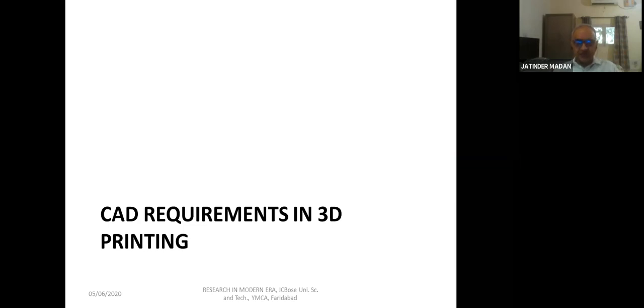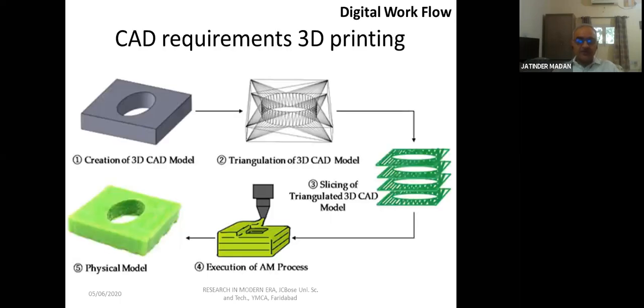Okay, so here you have the CAD requirement in 3D printing, because we said that you send the CAD model and the printer will print. But what actually happens with the CAD model is very interesting to know. Here you see a small, very simple part which has a cuboid shape, and inside it is some kind of a hole.